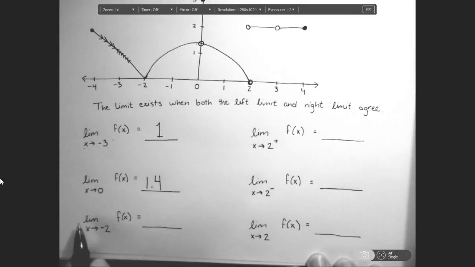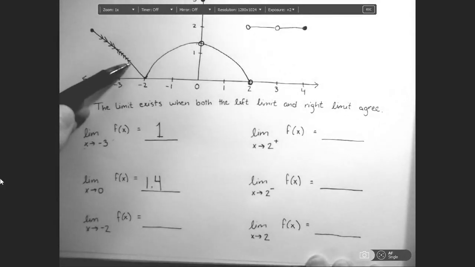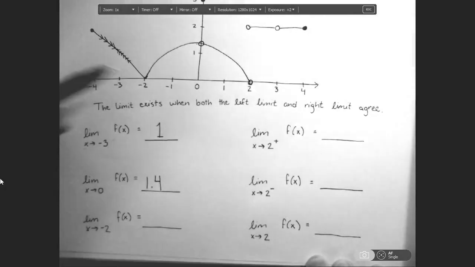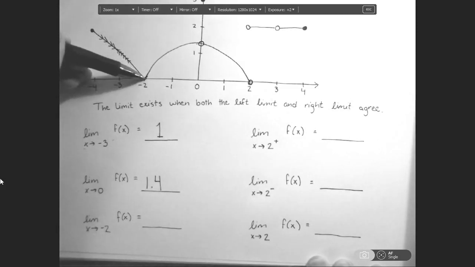Finally, let's look at the limit as x approaches -2. So in this case, as I approach -2 from the left-hand side, we see that we're traveling along this straight line, and it's approaching 0 down here. Whereas when I approach from the right-hand side, I'm not approaching on the straight line anymore. I'm approaching along this curved line, and it's approaching y equals 0.